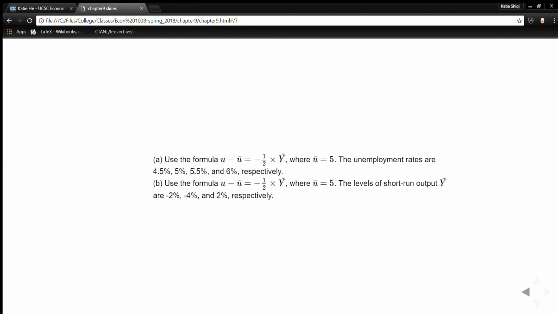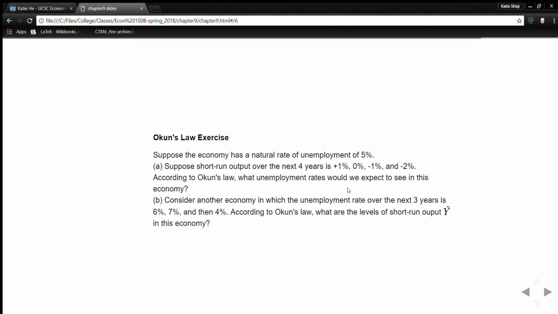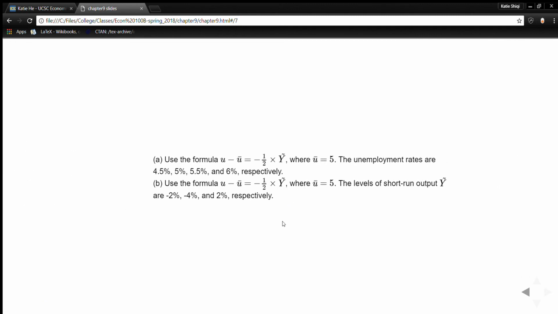And these are the answers for u. And B is the opposite of A. So instead of being given y tilde, we're trying to find y tilde given u. And once again, u bar is 5%, and then we just need to plug in the different numbers of u in the next 3 years in order to find y tilde in the next 3 years.